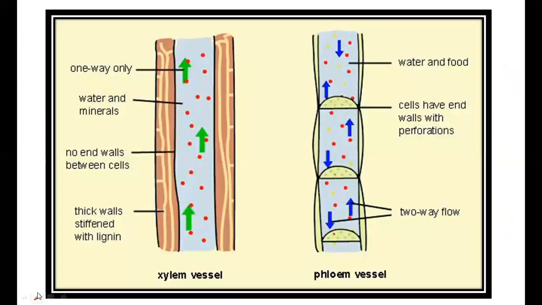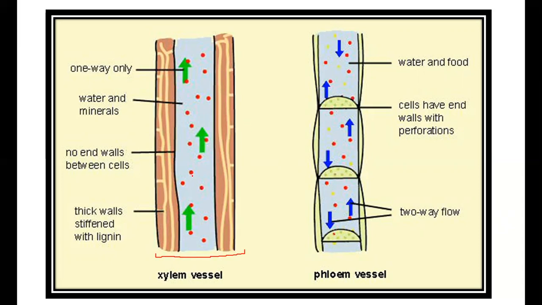Now we look at the combined function of xylem and phloem, because xylem and phloem are both present together at one place. So there is a functional difference between xylem and phloem. In case of xylem, as we know, xylem can only conduct water and minerals, so the movement of material through the xylem is only unidirectional.